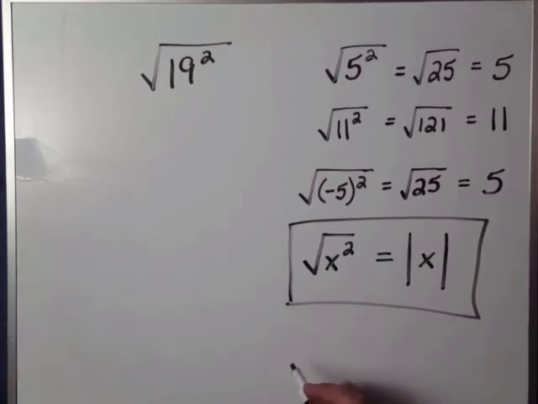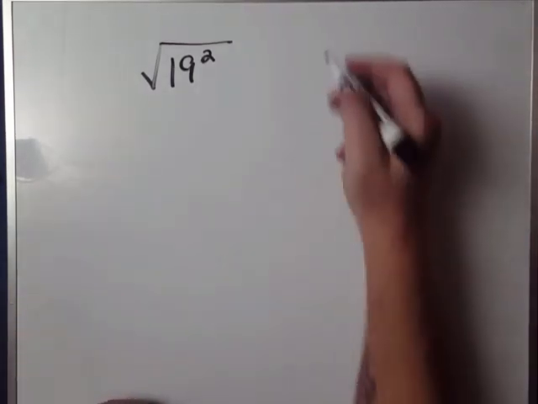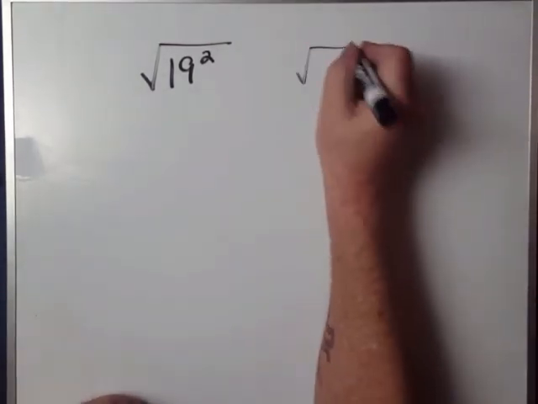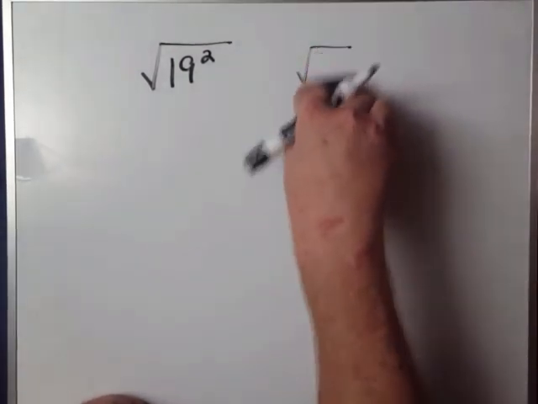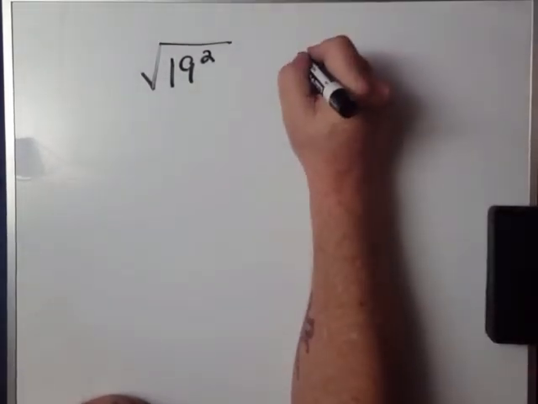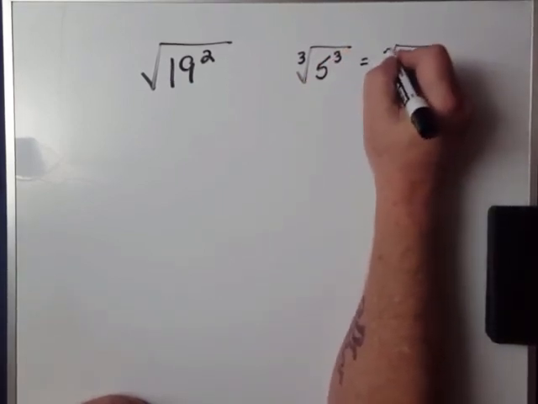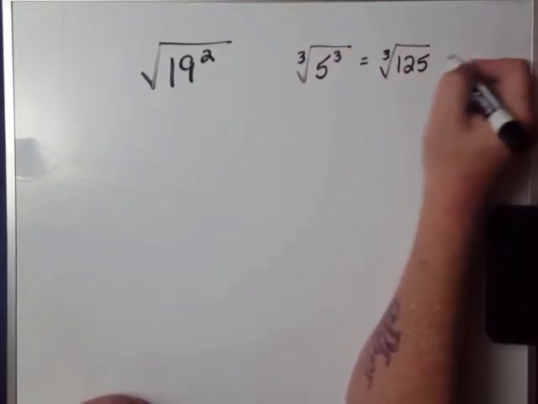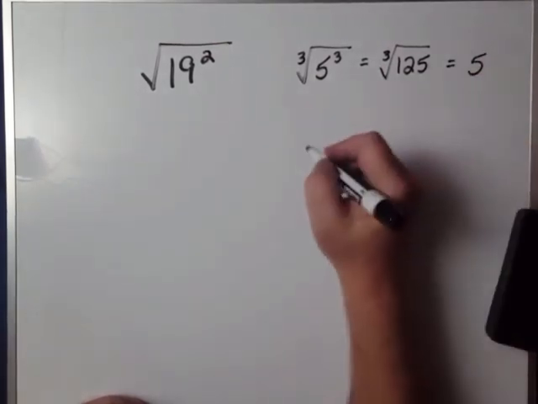What about when it comes to cube roots? Well, the cube root of 5 cubed. 5 cubed is 125, and the cube root of 125 is 5.